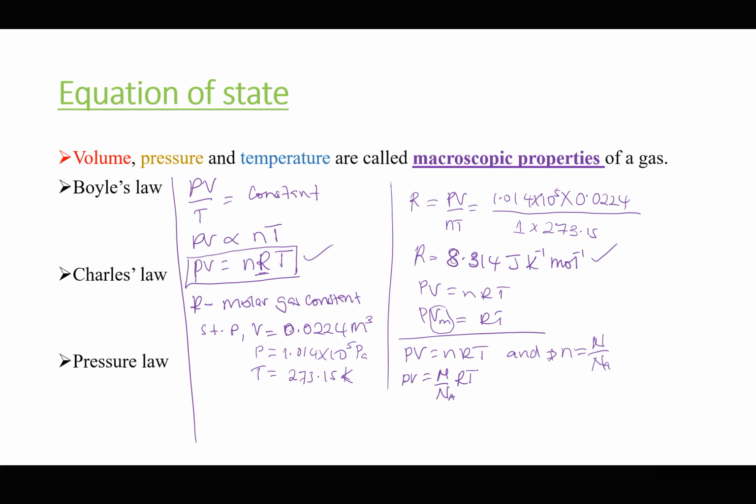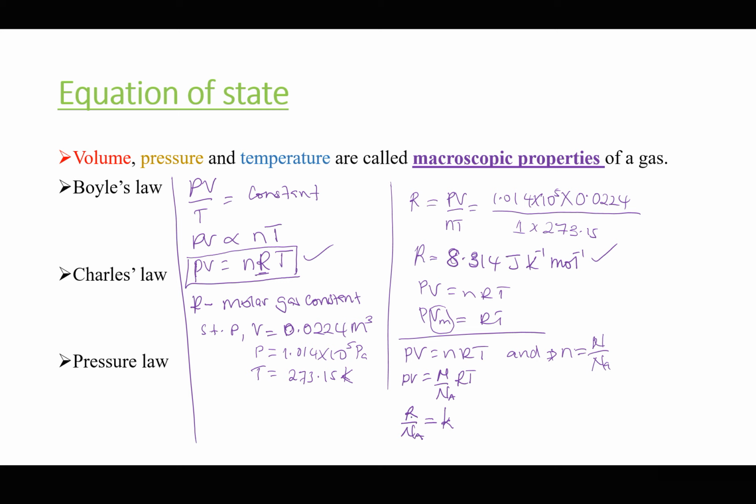The quantity R divided by Na is going to give us a certain value, which we are going to represent by the letter k. This is small k, not Kelvin. The quantity k is going to be called Stefan Boltzmann's constant.